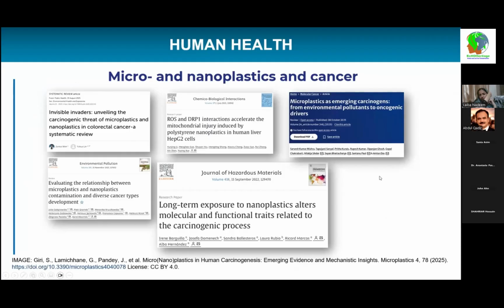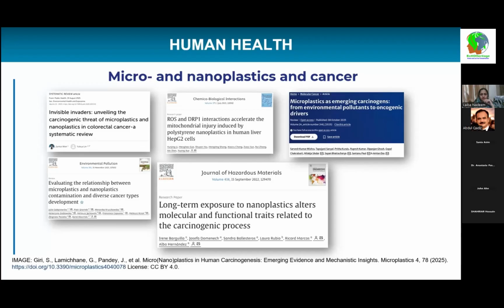Another big concern is cancer. As we have shown, all these processes and mechanisms related to micro and nanoplastics, oxidative stress, damage to mitochondrial DNA, and disruption of normal cell death pathways, are all important for a healthy body. Once the number of these unhealthy cells increases, we observe the formation of cancer.